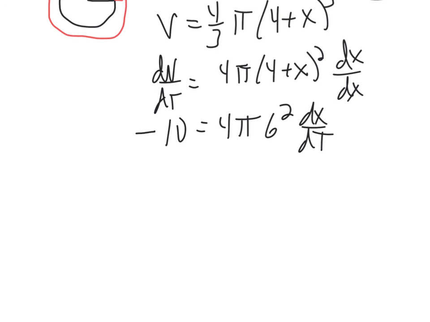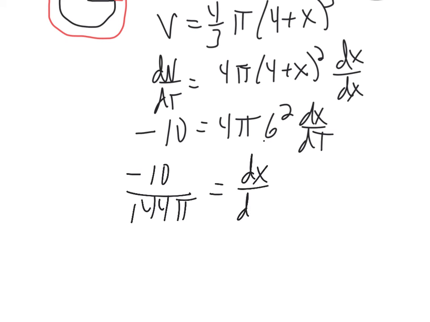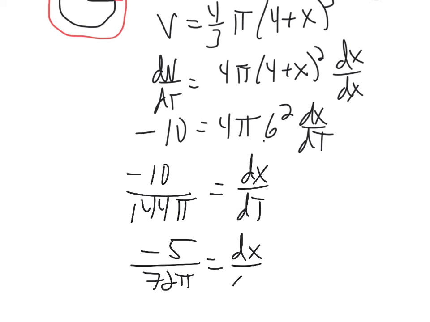So I'm going to divide both sides by, let's see, negative 10 over now 36 times 4 is 144 pi equals dx/dt. And of course, I see that we can take a 2 out of everything. So negative 5 over 72 pi is the answer for this, according to the back of the book.